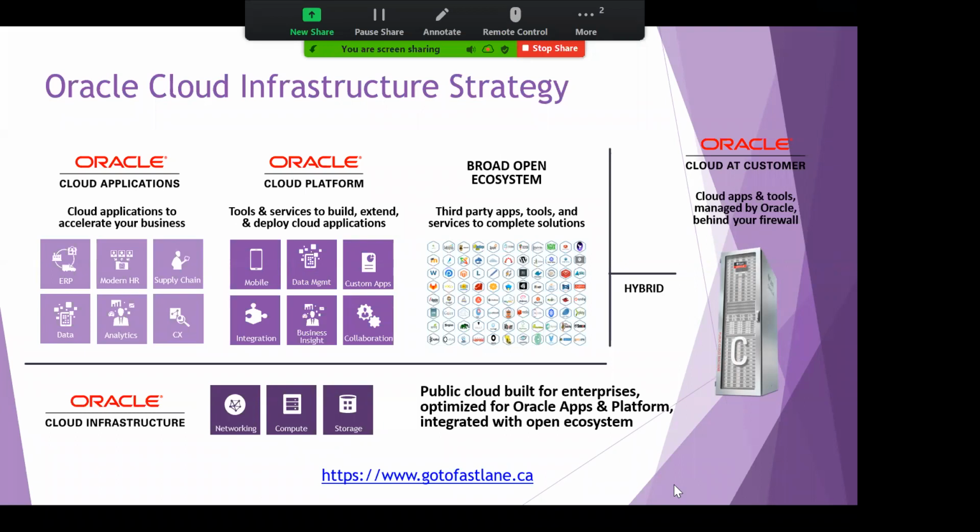Okay, wonderful. Thank you, Abhishek. Continuing from where Abhishek left off, as I said, we'll talk about different clouds, starting with Oracle. Infrastructure is the backbone of any IT system. It's very important to have a data center sized and optimized not only for the current IT organization needs, but for the future needs.